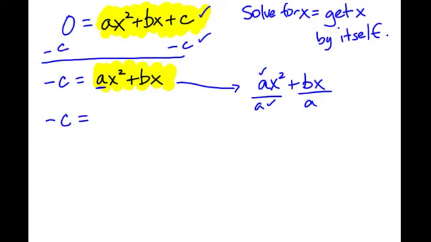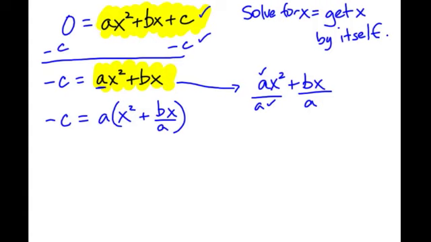And when I divide, if you remember, I put it outside of the parentheses. And that leaves me with x squared plus bx over a. Now, that second part is a little tricky, right?